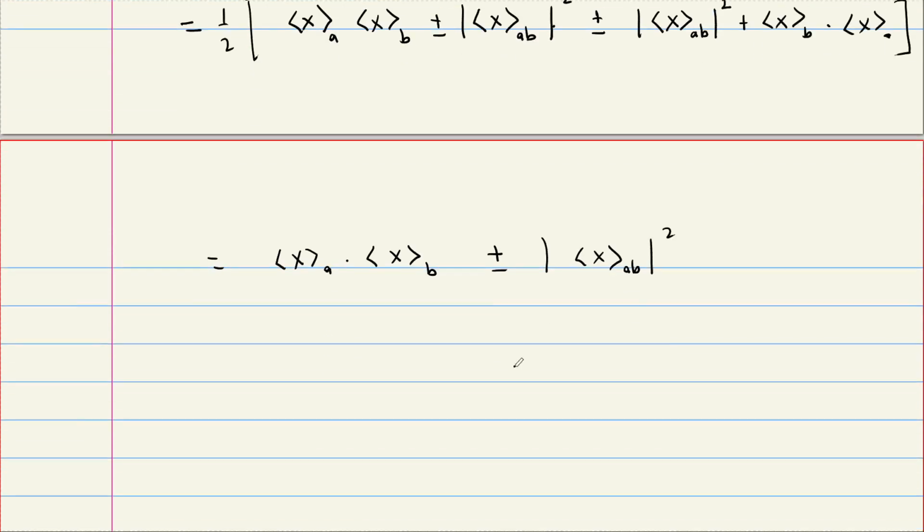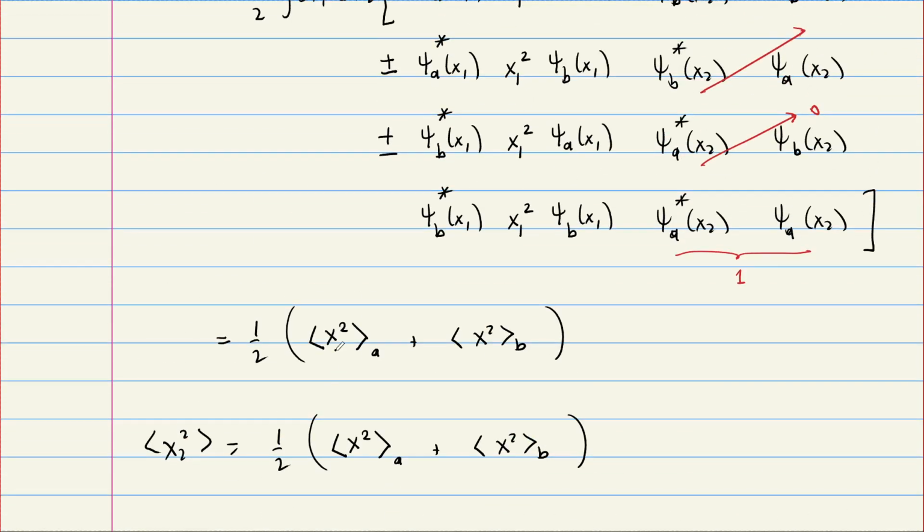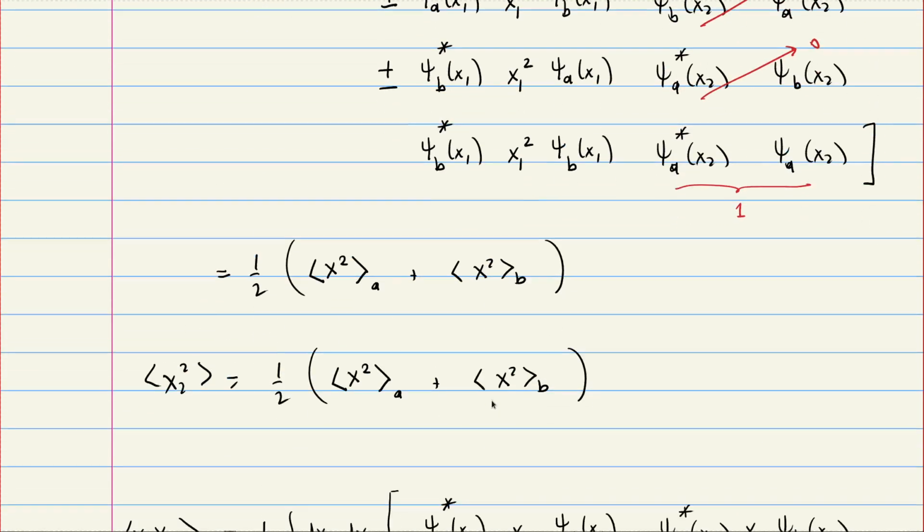Good. Now collect everything. So this x1 minus x2 squared in plus or minus in bosonic or fermionic case is going to be equal to, so what we found here is this plus this is xA plus xB, right?